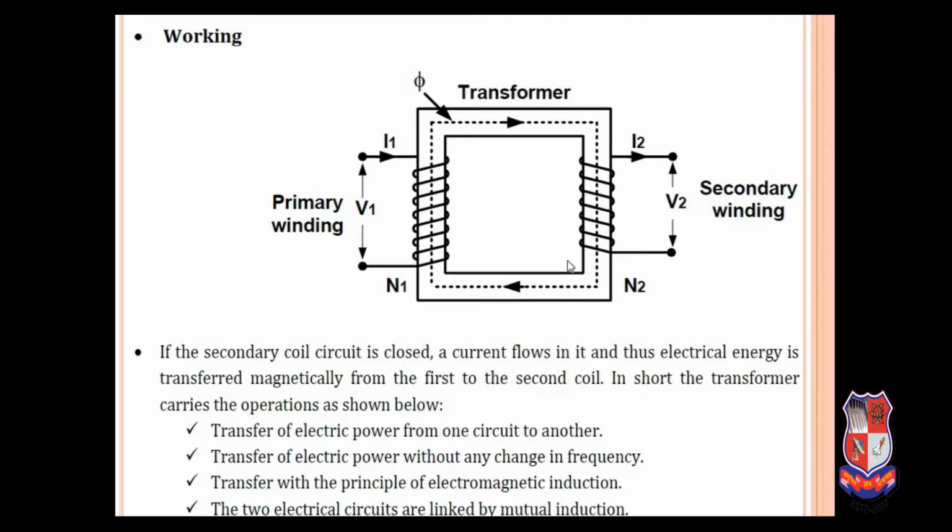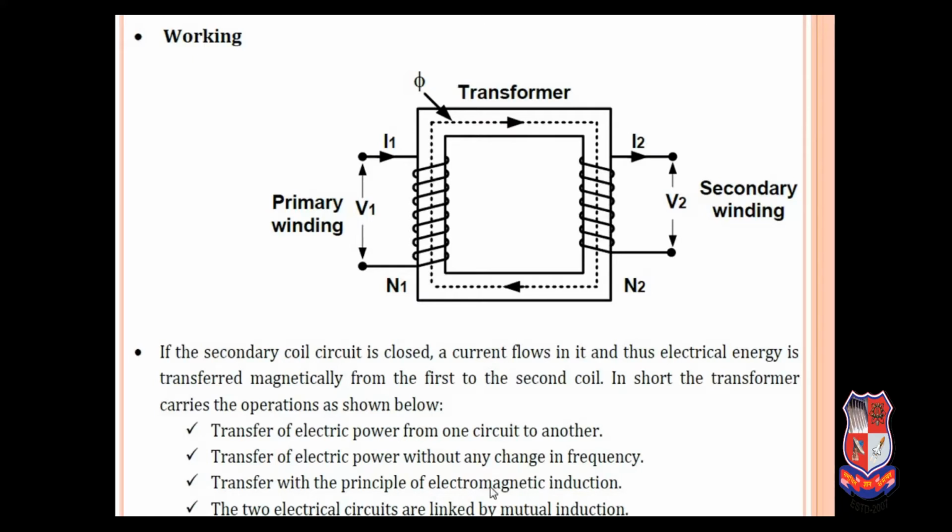So at the end we can say that a transformer is used to transfer electrical power from one circuit to another circuit. The second main point: there is a transfer of electrical power without any change in the frequency. Third point: the transfer takes place with the principle of electromagnetic induction.